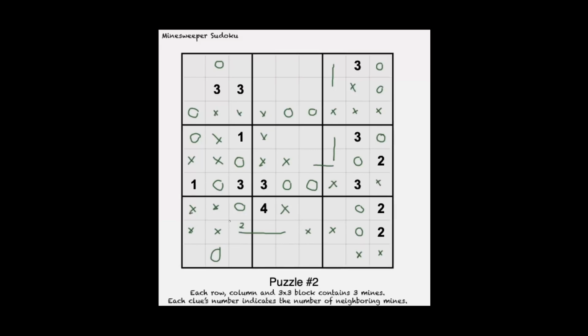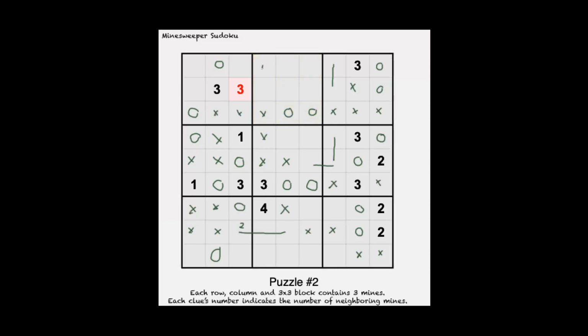Okay, this is a little more subtle. This would be a more advanced rule, but I see a way to make progress up here. If you look at this block, it already has 2 mines. That means only 1 more mine can go in this area. This 3 needs a mine in one of these 2 cells. It can't have 2 mines here, because if it did, there would be 4 mines in this block.